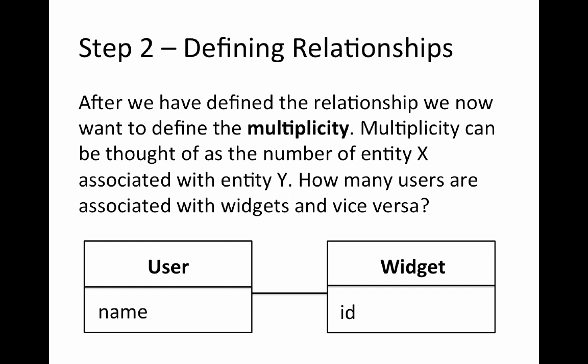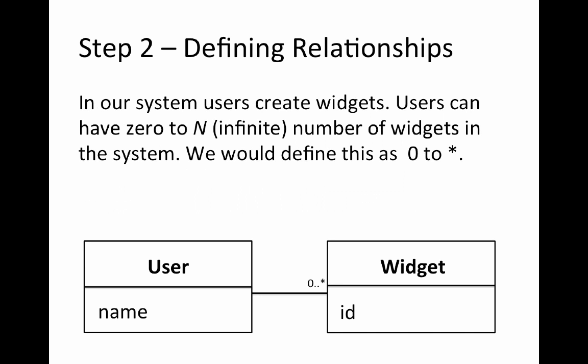Now, after we have defined the relationship, we now want to actually define the multiplicity. When we think about what multiplicity is, we can think about it from the perspective of relationships: entity X is associated with entity Y, and how they are associated with one another. How many users, for instance, are associated with widgets and vice versa.